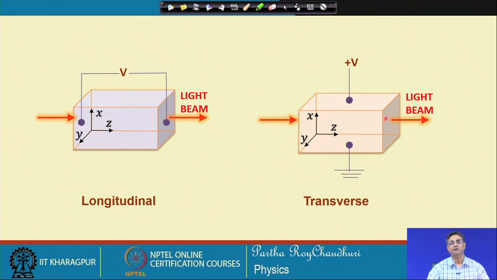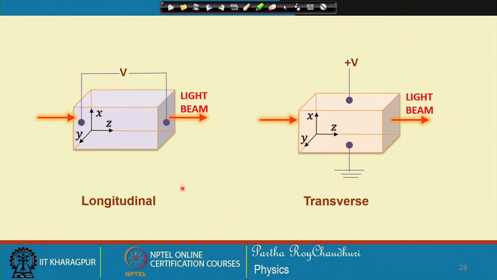The other configuration is the transverse configuration, where the electric field is applied across the crystal and the light wave is travelling in this direction. So these are the two different configurations, and we will discuss both in detail with examples in the next section.